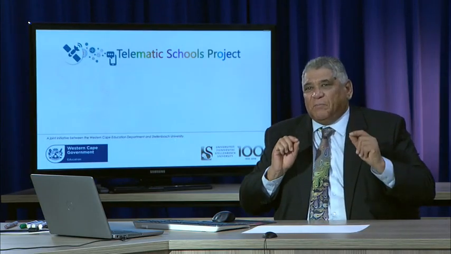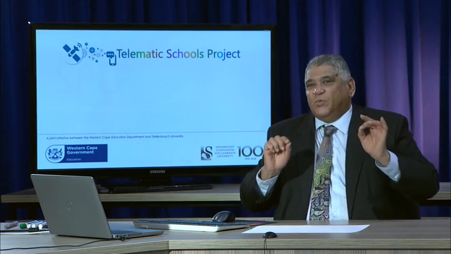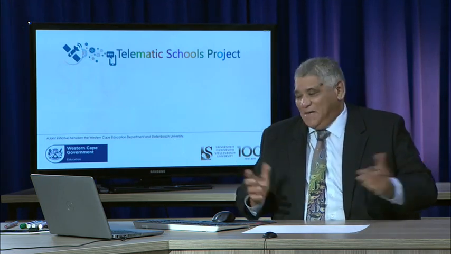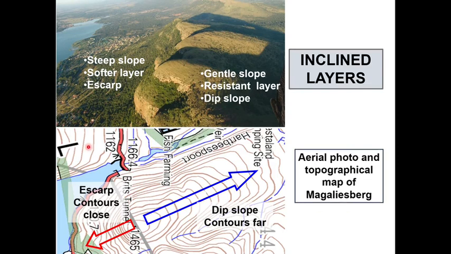You must also remember that a very popular question is: where do we find the hard resistant layer and where do we find the softer layer? A very important question, and that's also easy. If you have a look at this again, here you'll get a steep slope. Why? Because in the softer layer, erosion and weathering can happen much faster.